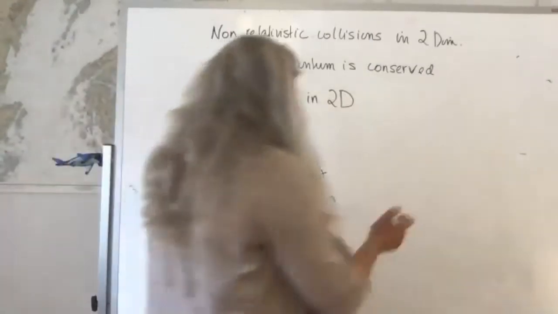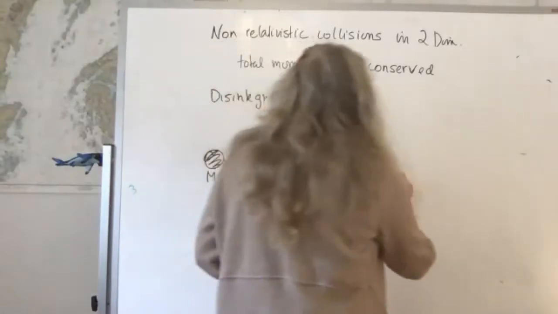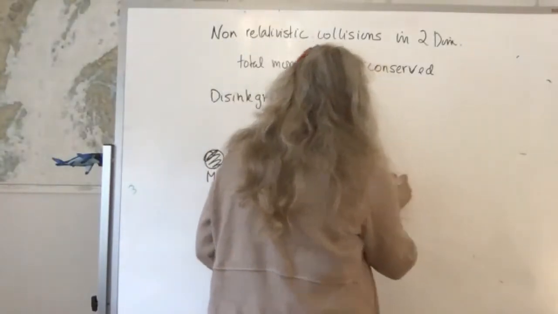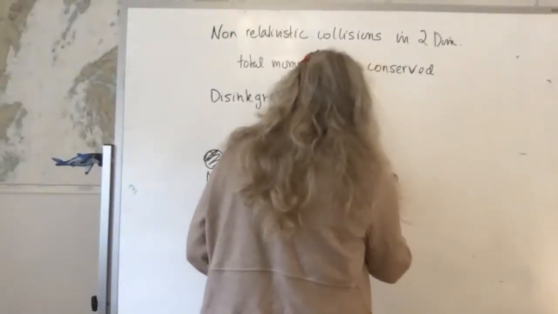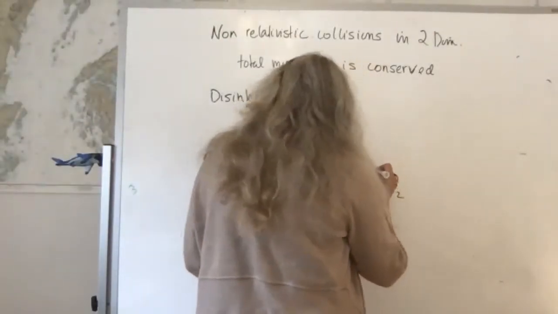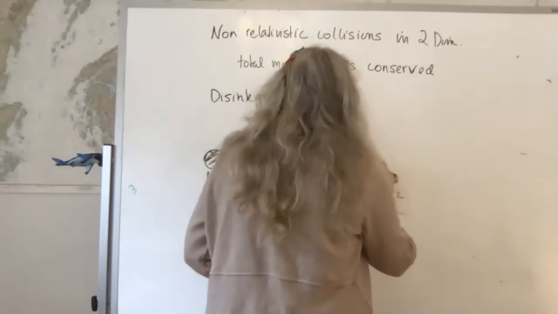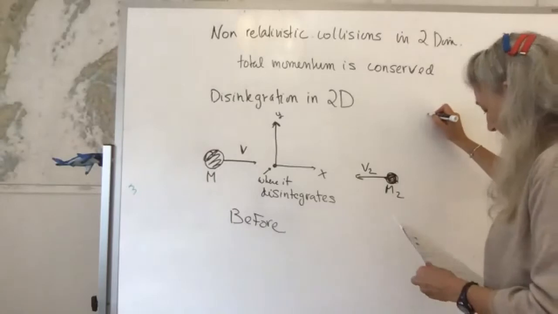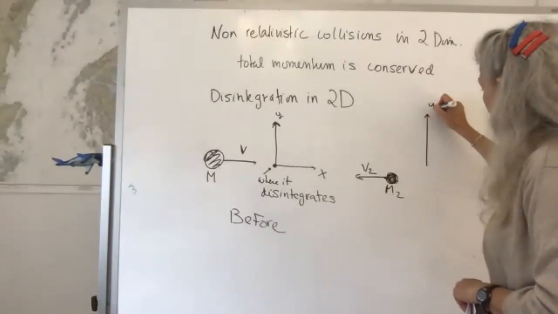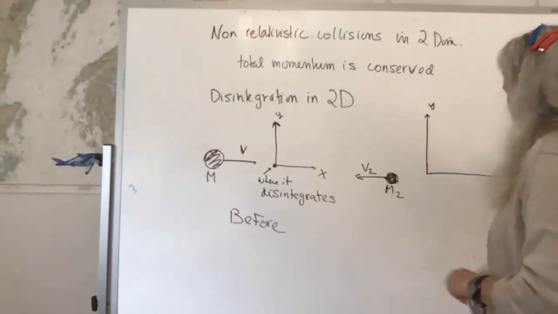Afterwards, what happens? It's disintegrating into more than one mass. Here's M2, going out this way with V2. Let's draw the axes again, y and x.